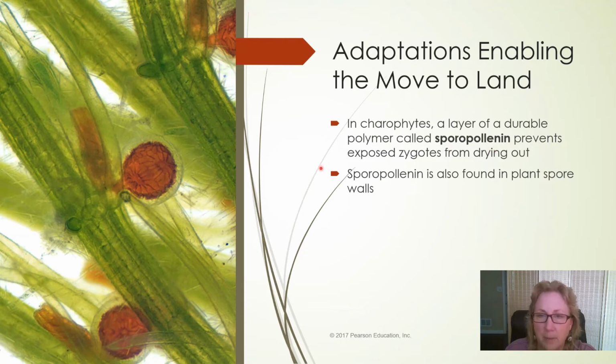Sporopollenin is a complex molecule that it's almost plastic-like. It's water resistant. It's a polymer made from fatty acids and some amino acids. It's very resistant to degradation and enzymatic digestion, and it's waterproof.